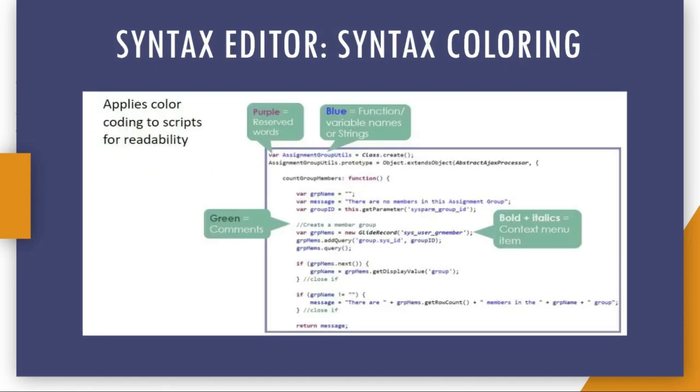So let's move further and see how syntax coloring happens as part of our code. As you can see, color coding is applied to the script for reading purposes. Suppose green is for comments, purple is for reserved words, blue is for function or variable names or strings, and bold plus italics means a context menu item like sys_user_grmember.